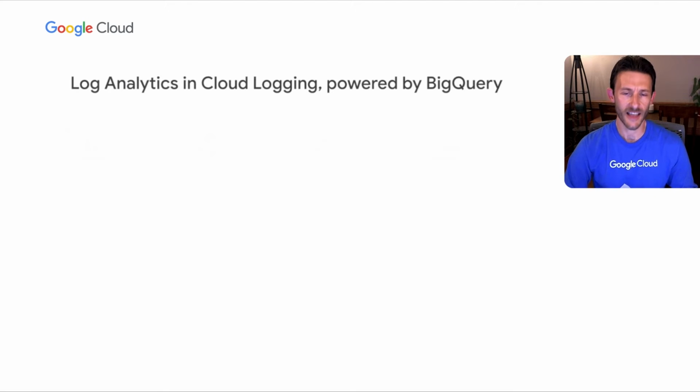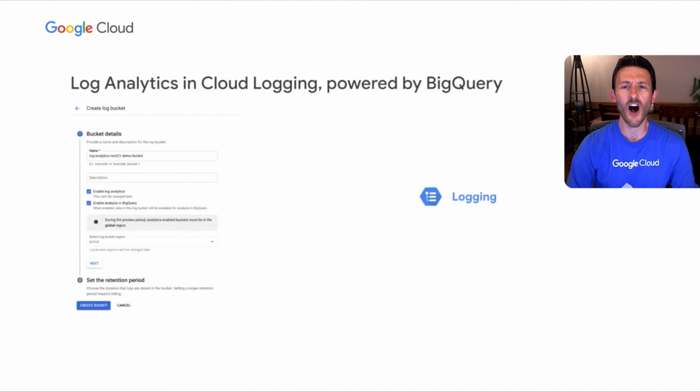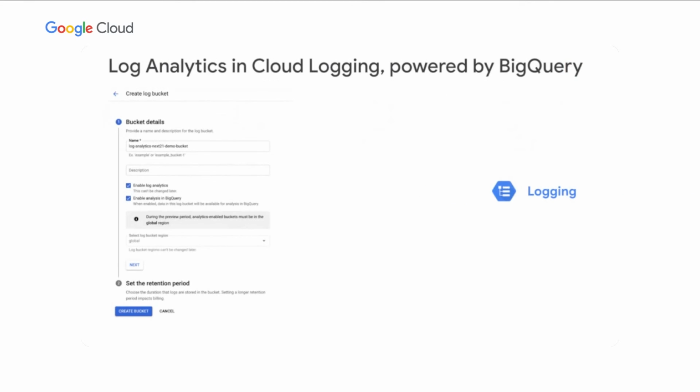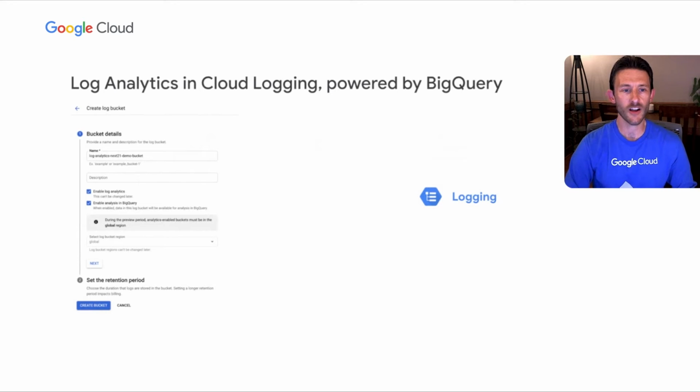So what is log analytics exactly? Log analytics extends the capabilities provided by Cloud Logging in several important ways. First, log analytics automatically stores logs in BigQuery with a simple configuration setting. With a checkbox to enable log analytics when you're creating a log bucket, you can use Cloud Logging's pipeline to make it easy to store those logs, which you can then analyze in log analytics.